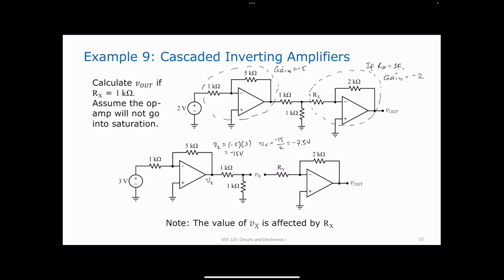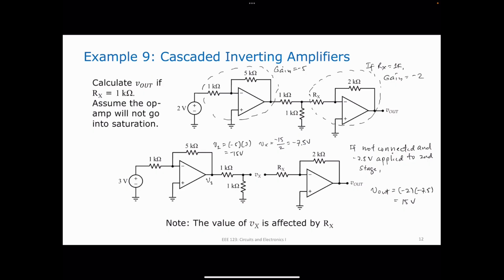You're going to conclude that if the two were not connected, and minus 7.5 volts applied to the second stage, then Vout would be equal to, your gain here is -2, so -2 multiplied by minus 7.5, and you're going to get 15 volts.